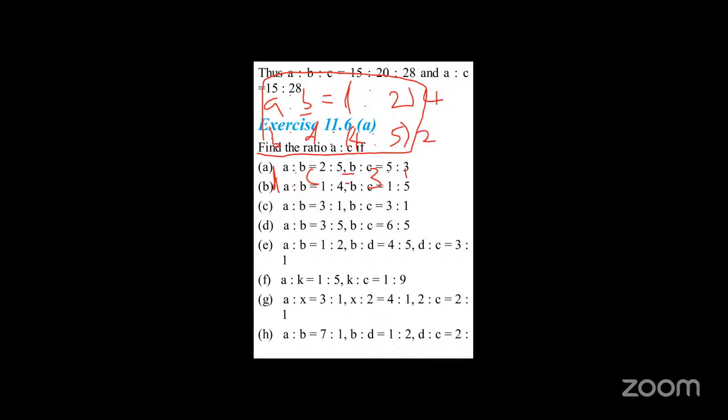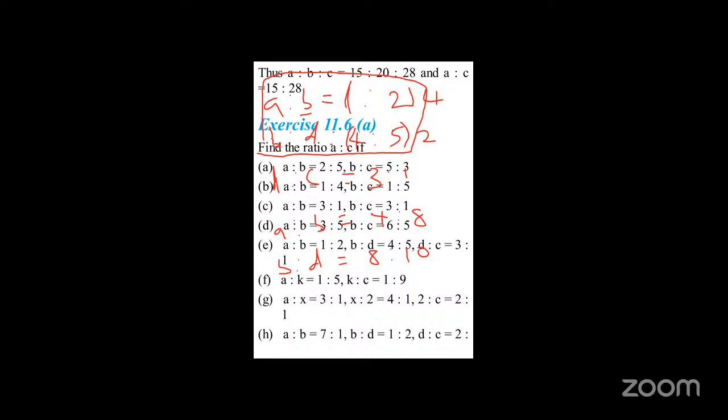So we have the new values of A to B equal to 4 ratio 8, and the other one, B ratio D, becomes 8 ratio 10.